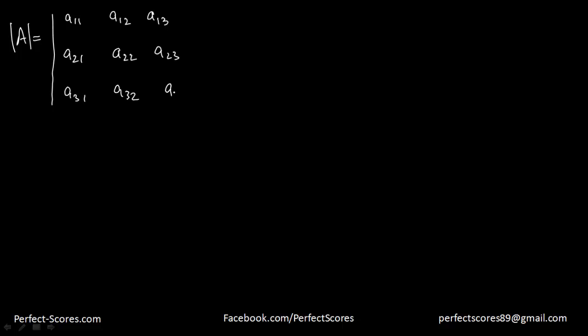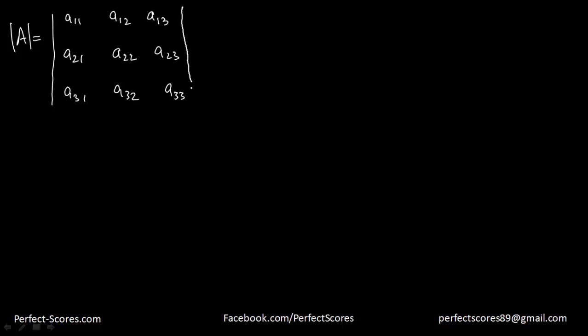So now let's try to find how we are going to get the determinant of a matrix of order 3 by 3. Let's suppose we have a matrix here, and we want to find this determinant, and we have these numbers here: a11, a12, a13, then a21, a22, a23, then a31, a32, and a33.